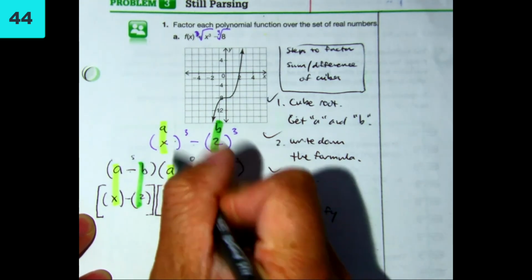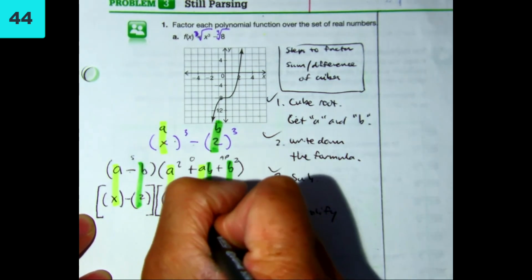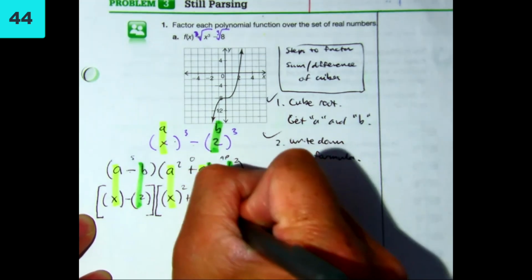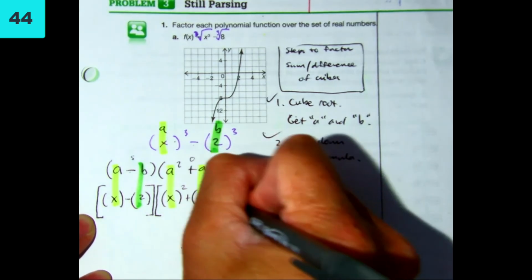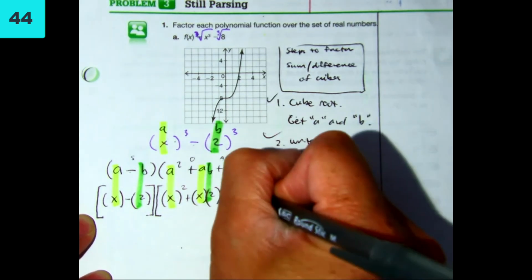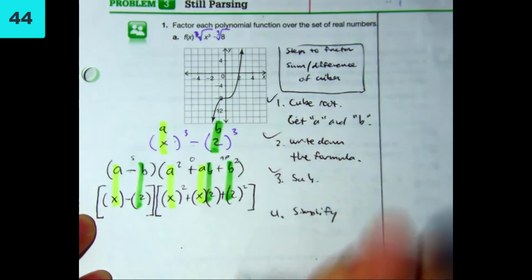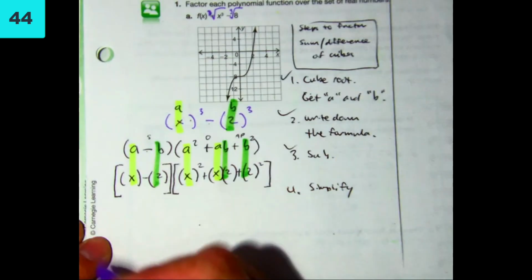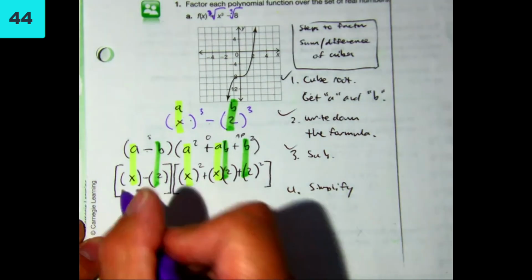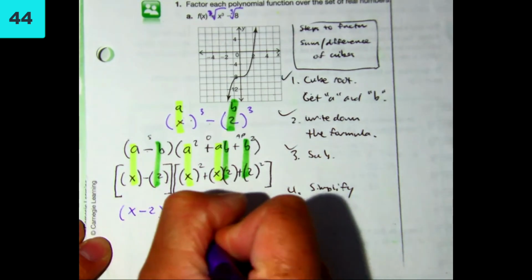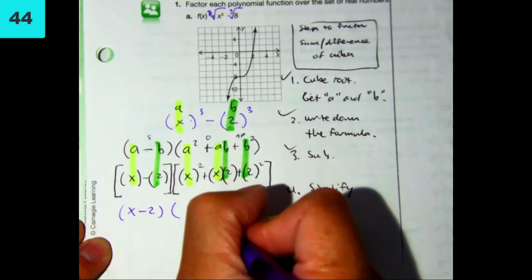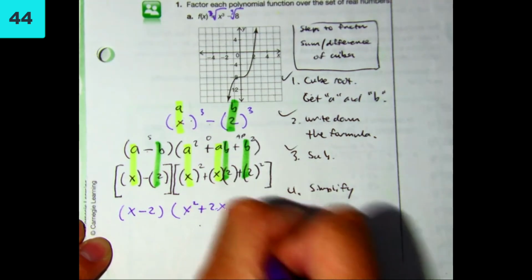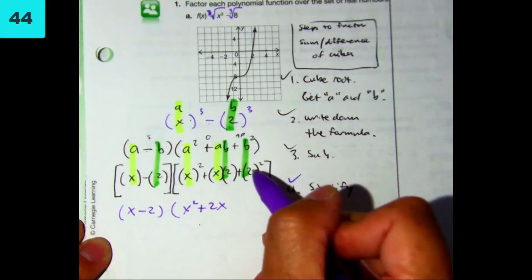My A value here is X, and then the power of 2. My A value is X. My B value is 2. And then my B value is 2 squared. I don't need the parentheses here. I don't really need the brackets. So really all you have there is X minus 2. X to the power of 2 is just X squared. X times 2 is just 2X. Right now I'm just simplifying here. And then 2 squared is 4.